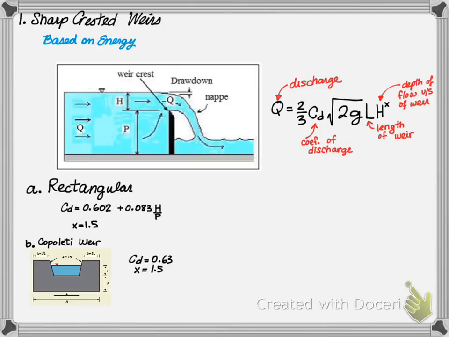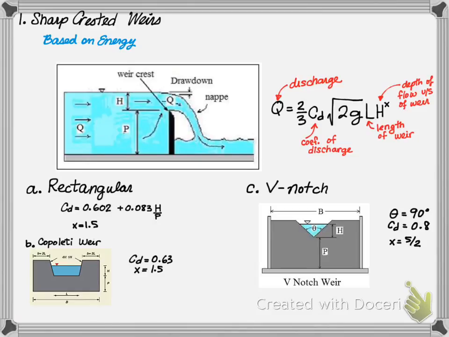For a Cipolletti weir, sometimes referred to as a trapezoidal weir, the side slopes are always 1 horizontal and 4 vertical. So this is pretty steep, almost rectangular. However, the coefficient of discharge is always assumed to be 0.63, and the value of x again is 1.5.